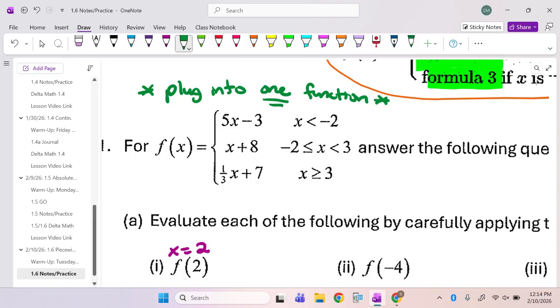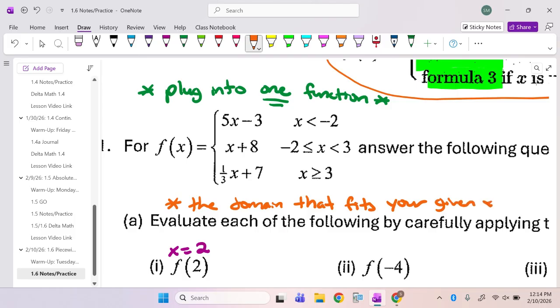And the one you plug it into is the domain that fits your given x. So for example, we had x equals 2.